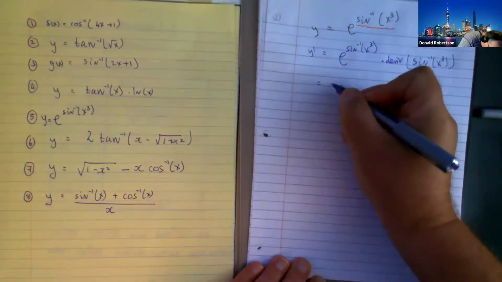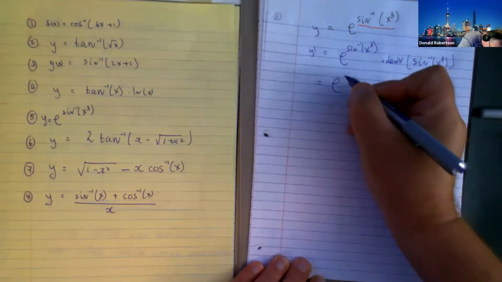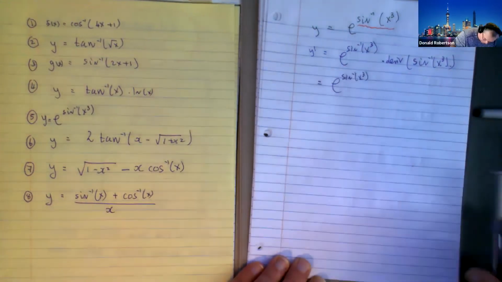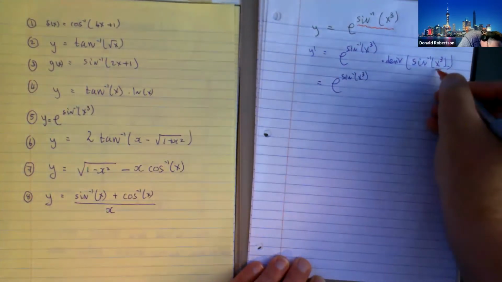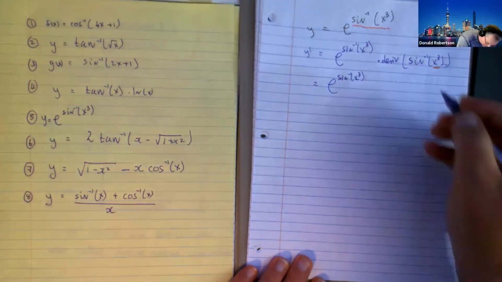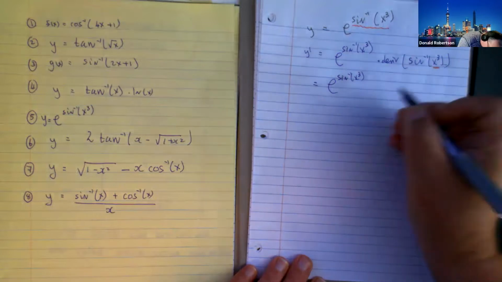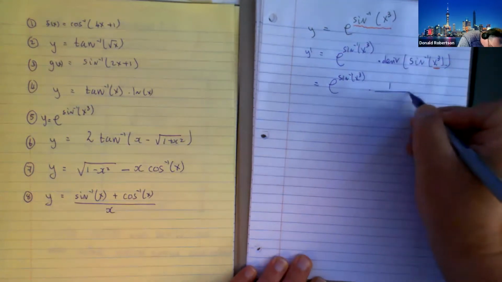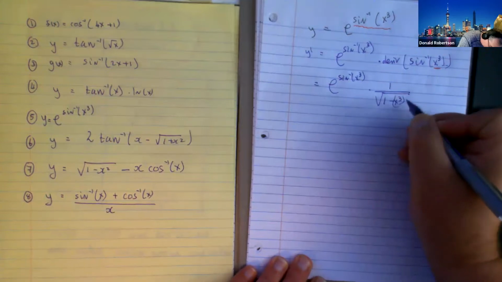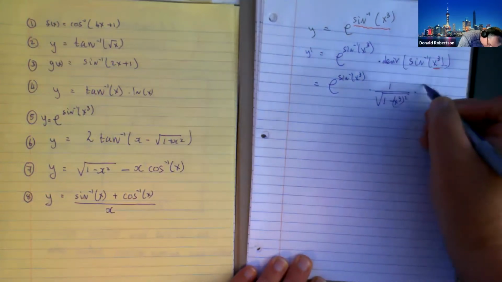Which means I now have to find the derivative of this fella. Well, this fella is also going to be a chain rule. And you differentiate an inverse sine of somebody, you get 1 over the square root of 1, take away that guy squared, times the derivative of that guy.